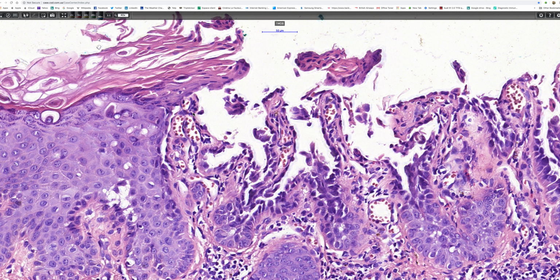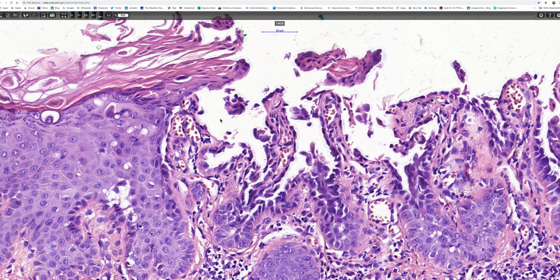Now, what are the differential diagnoses? Well, these would include Darier's disease, particularly if this was just one lesion of very many. It could also represent Grover's disease. If it was a solitary lesion, then it might represent a warty dyskeratoma or possibly an acantholytic acanthoma.